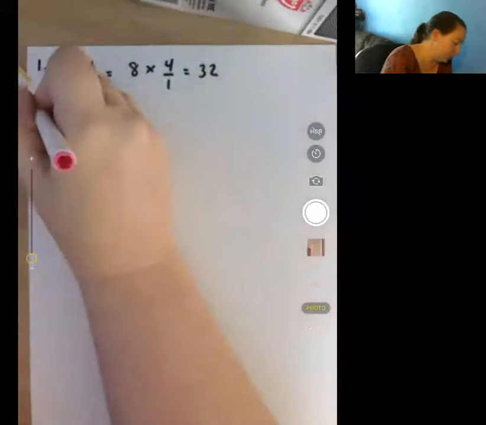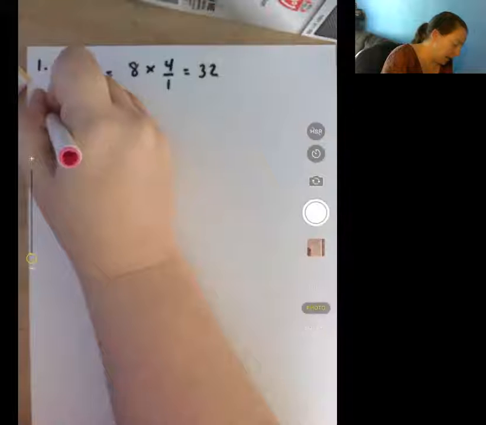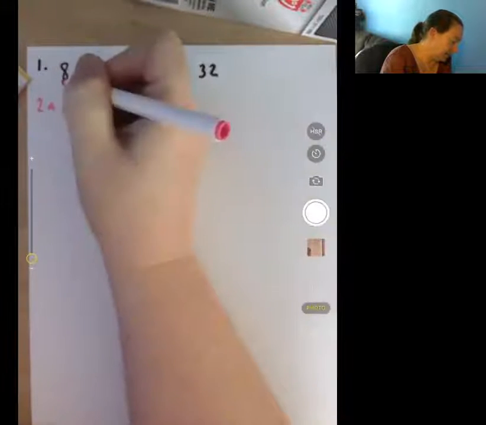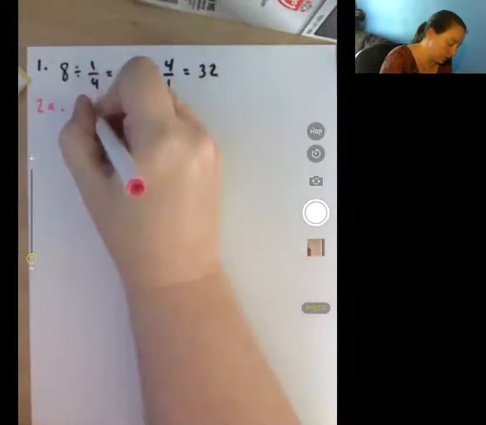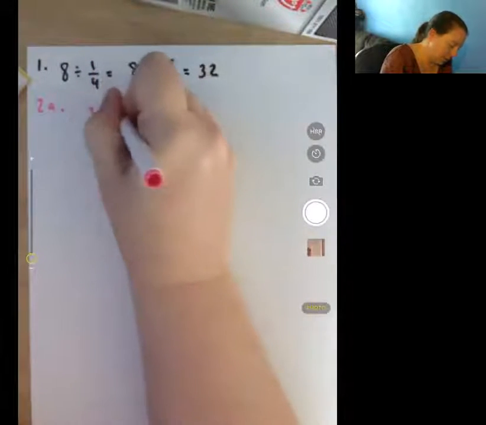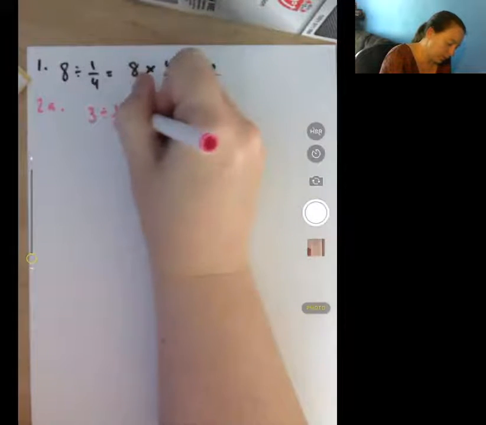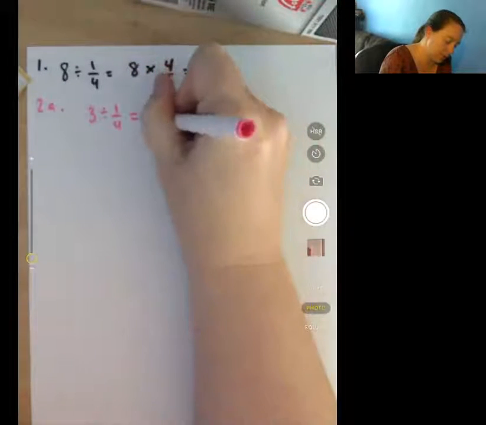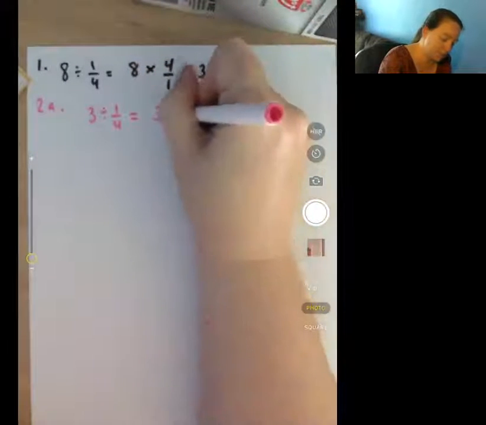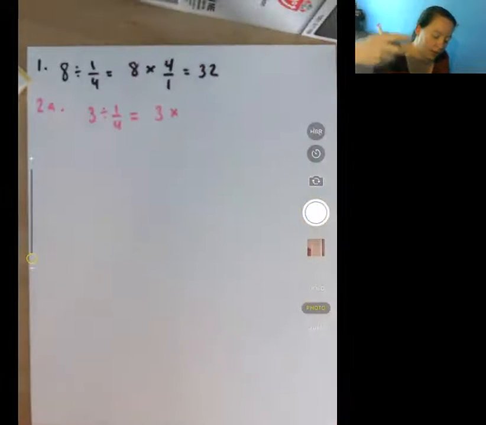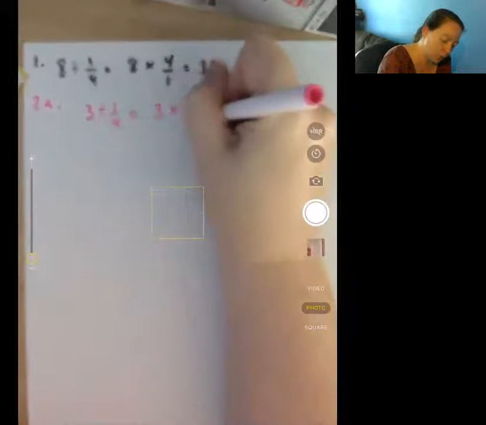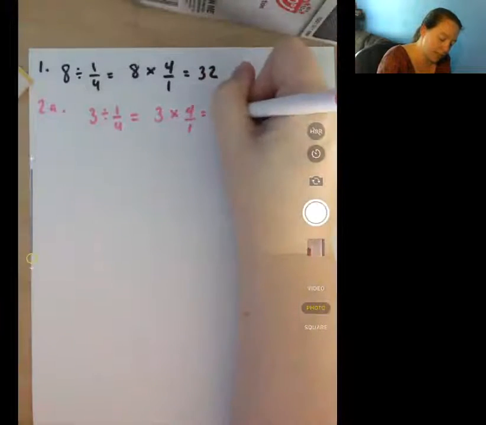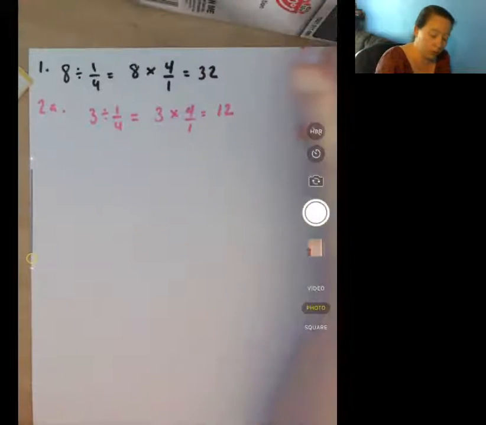Number 2. A, okay, so true or false? 3 divided by 1/4 is equal to, 3 stays the same, division becomes multiplication, 1/4 flips and becomes 4/1. 3 times 4 is 12. Is that 1/12?